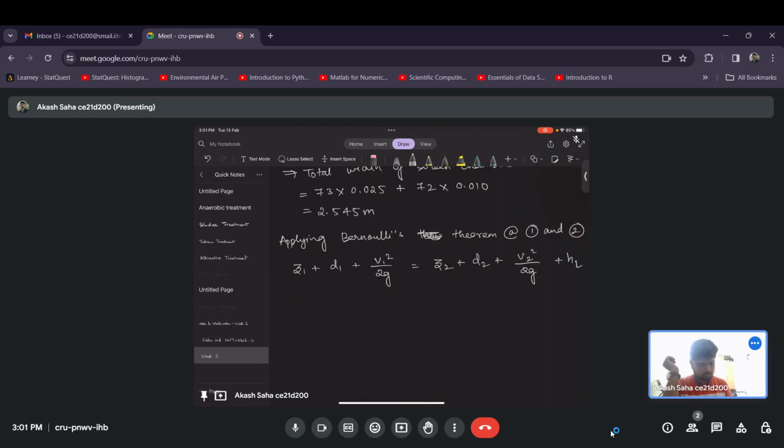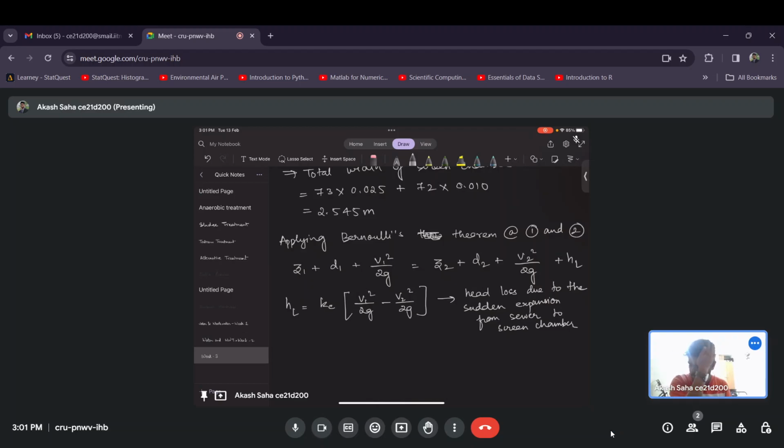Here my head loss HL will be equal to some K factor into V1 squared by 2g minus V2 squared by 2g. This is the head loss due to sudden expansion from the sewer to the screen chamber.